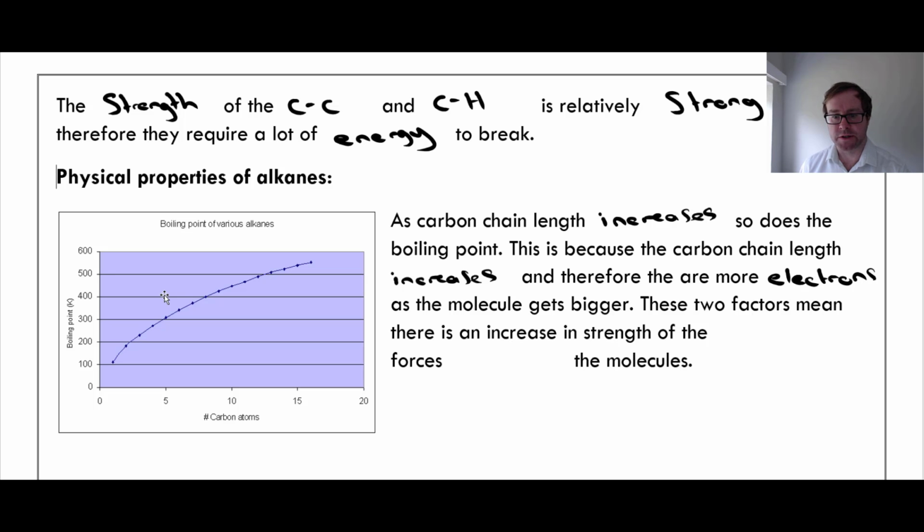These two factors mean there is an increase in the strength of the intermolecular forces between the molecules, and we can see this on this graph here. As the carbon chain length increases, in general the boiling point is increasing as well, and this is because of these intermolecular forces. Again, if you're unfamiliar with all these words, if you continue watching the videos, because this is just an introduction to alkanes, it should start to make a bit more sense.